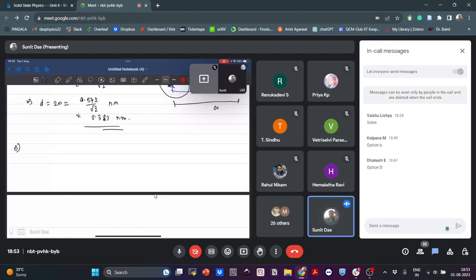Okay, so the next question we are going to solve. Can anyone confirm that packing fraction and all these concepts are covered up to week 2?